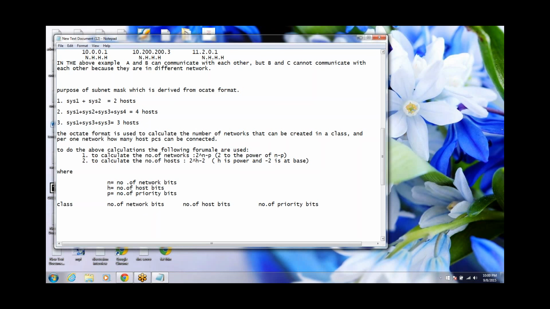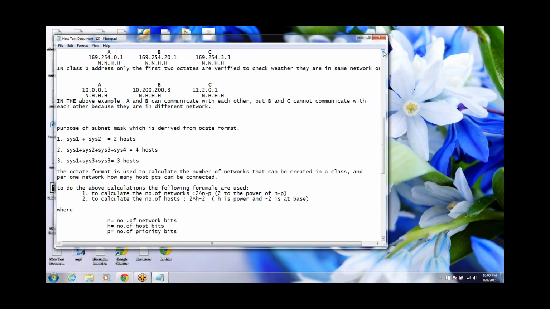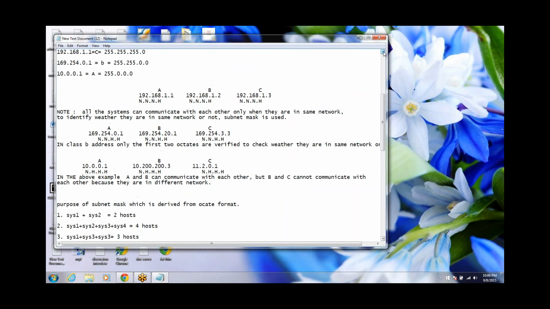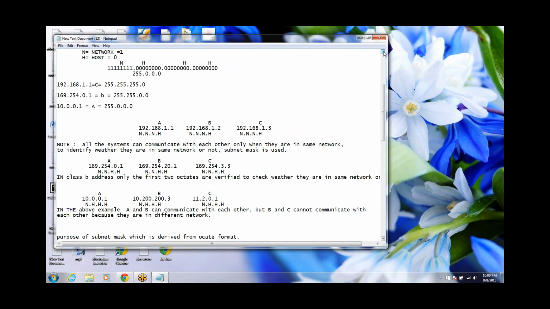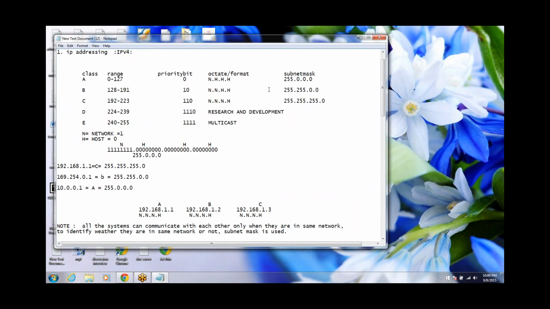Now see this table. For class A, what is the priority bit? It's 0, whether 0 or 1, it is one bit. The number of priority bits is 1.